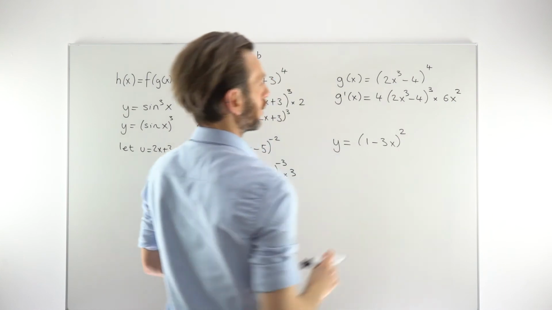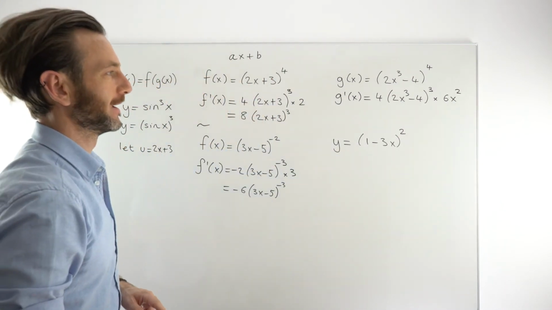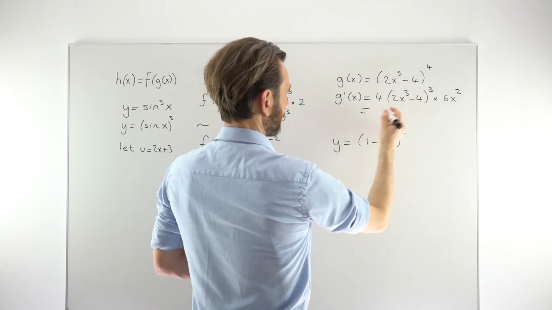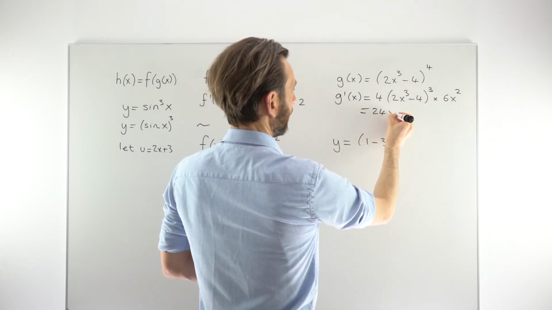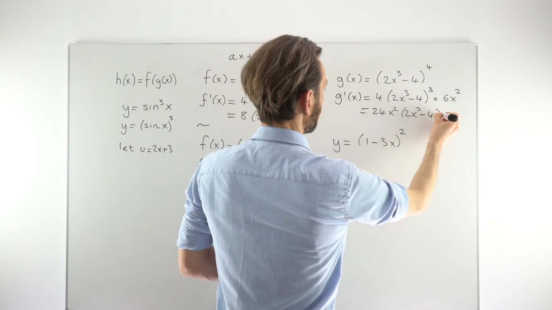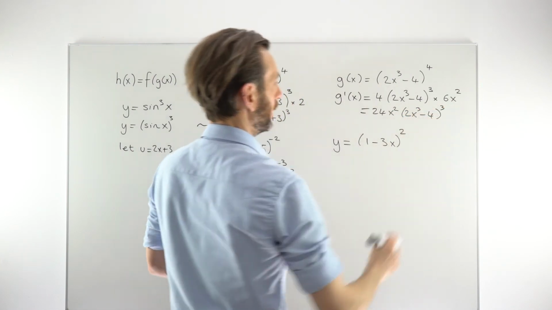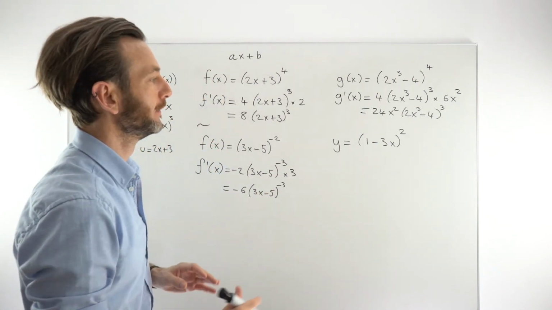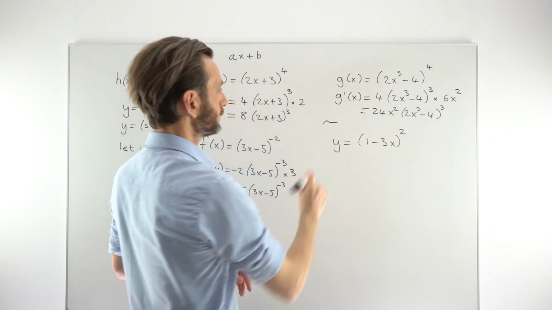So we've ended up with a more complex term there outside the bracket. Taking the same approach to merge these together, we're going to get 24x squared (2x cubed minus 4) to the power of 3. So it's a little bit uglier, that one. But that's not untypical of the types of function you will have to differentiate using the chain rule.